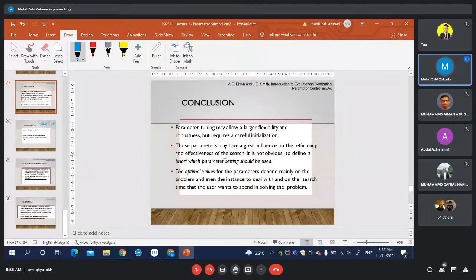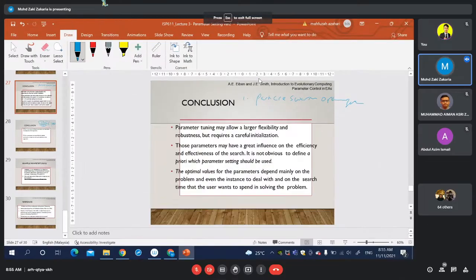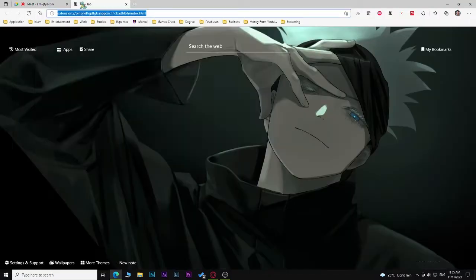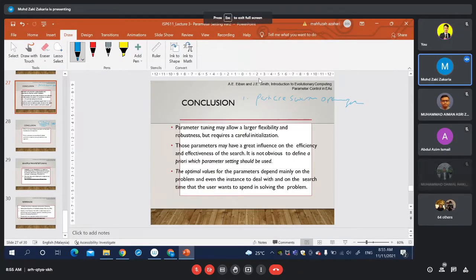If there are no questions, for next week our new topic is particle swarm optimization. So make sure you download this slide, then try to understand, go through this slide, then we discuss next week for particle swarm optimization.